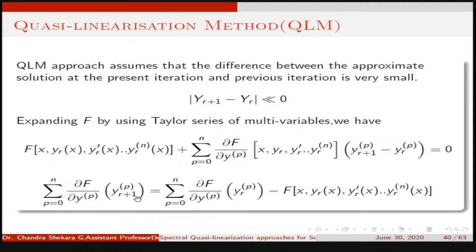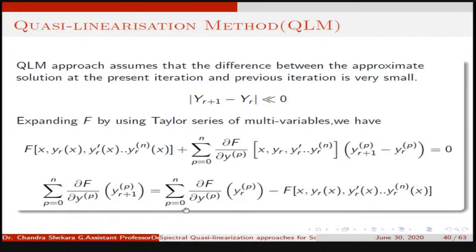The only unknown is Y r plus 1. So it is a product of known and unknown, so it is linear. The right hand side is everything known, because everything is at Y r, so the nonlinear operator f becomes a linear differential equation. Because p represents the derivative, this is still a differential equation.